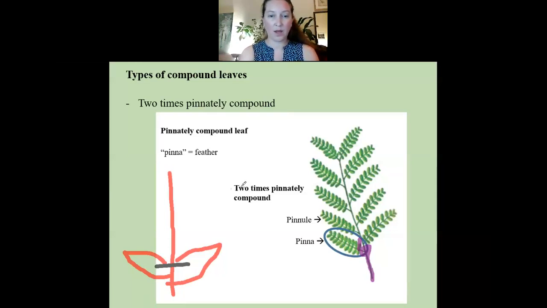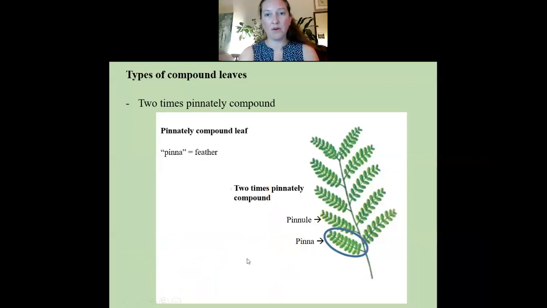If you're a 2 times pinnately compound leaf, let's get red back. For 2 times pinnately compound, here's the stem of the leaf again, the petiole with the rachis. You're going to have 2 divisions. You're going to have one division here, which in the case of the 2 times pinnately compound leaf on this slide is going to be like a little stem. That's the first division. And then the second division.